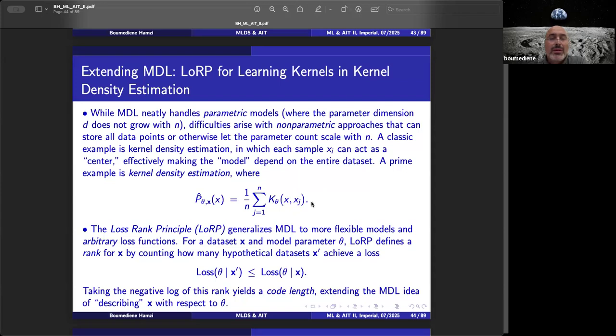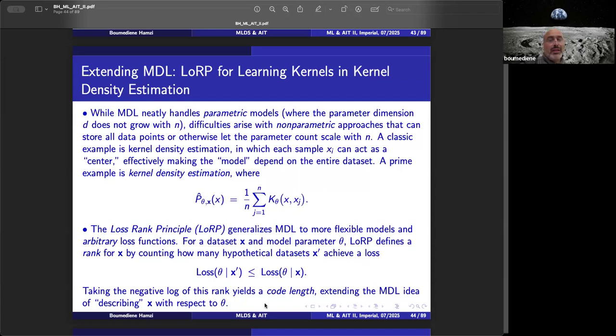The loss rank principle, LoRP, generalizes MDL to more flexible models and arbitrary loss functions. For a data set X and model parameters theta, LoRP defines a rank by counting how many hypothetical data sets achieve a loss that is less than the one we have in our data.